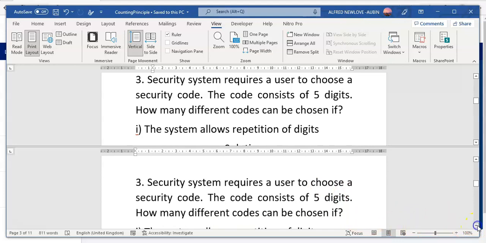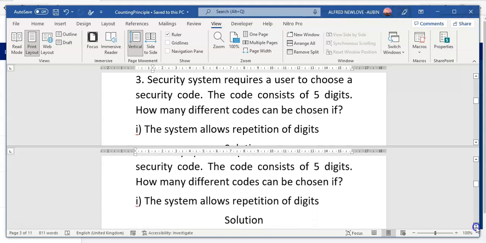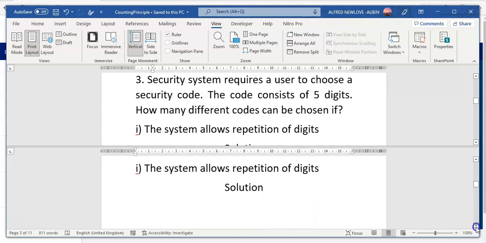Okay, the question says, the security system requires a user to choose a security code. The code consists of 5 digits. How many different codes can be made if the system allows repetition of digits? Wow, what a question. How are we going to answer this?